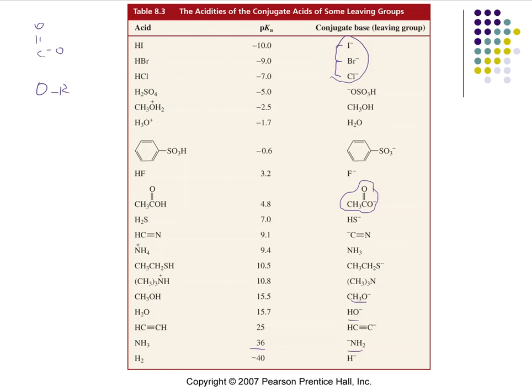It is willing to accept anything and everything in order to get rid of that negative charge. Well, that is not a very good leaving group, because if it does leave, it's going to go right back onto the molecule. Because it does not like to be single even for brief seconds, if it can help it.